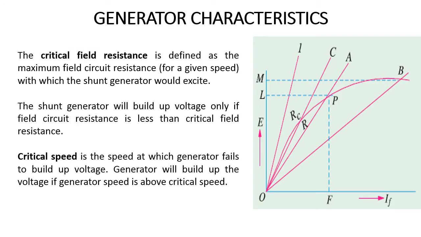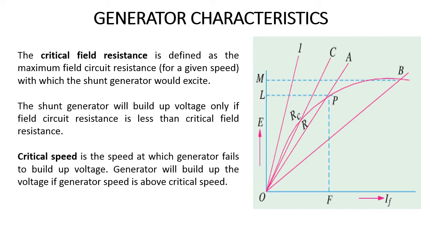From the OCC, we can determine two parameters for a DC shunt generator. One is critical field resistance, the other one is critical speed. The critical field resistance is defined as the maximum field circuit resistance for a given speed with which the shunt generator would excite. The shunt generator will build up voltage only if the field circuit resistance is less than the critical field resistance.